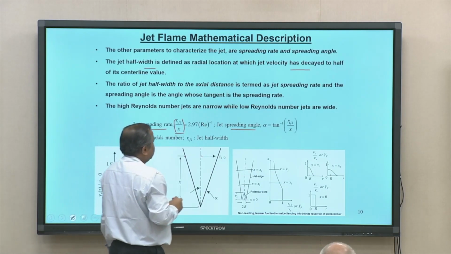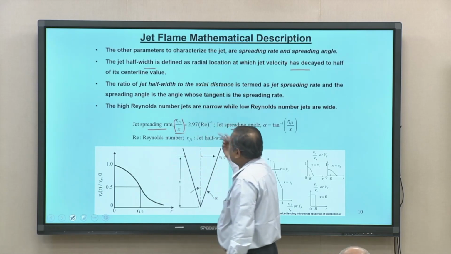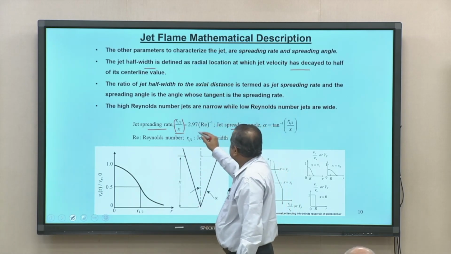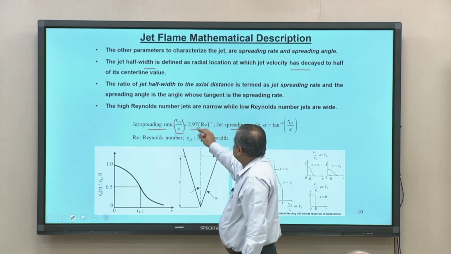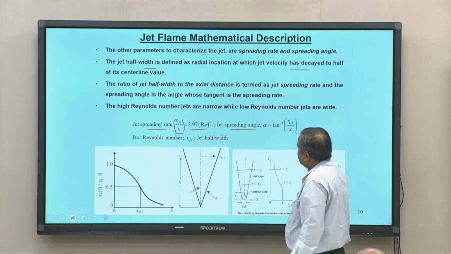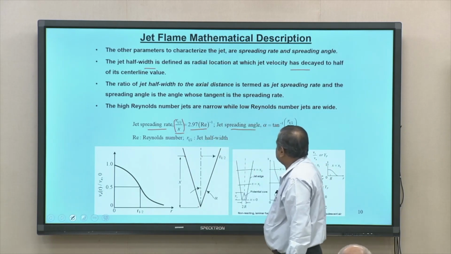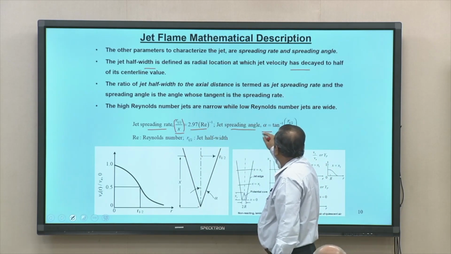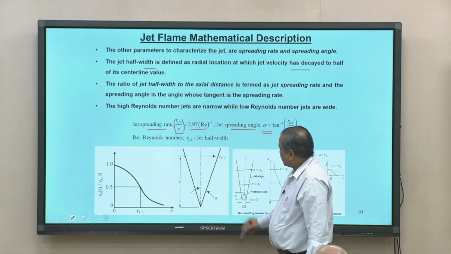This is one part, and by solving that equation, this turns out to be this number. It is 2.97 times Re to the power minus 1. Now when you define this jet spreading rate, then we can find the jet spreading angle.